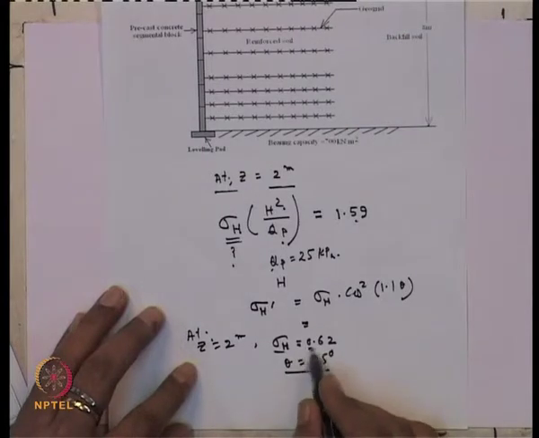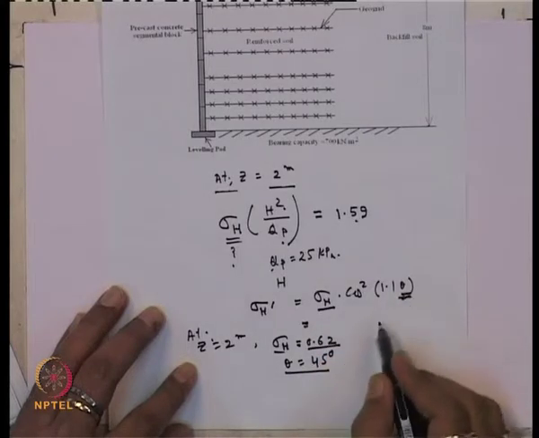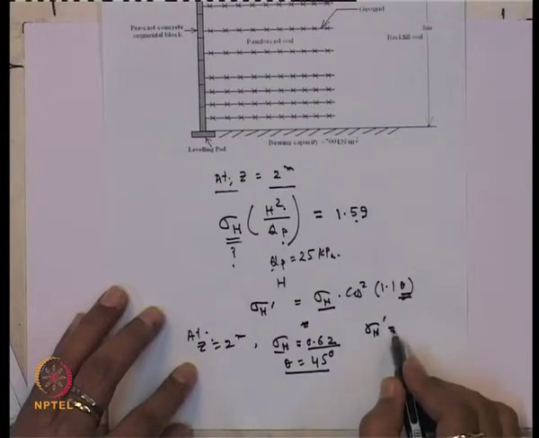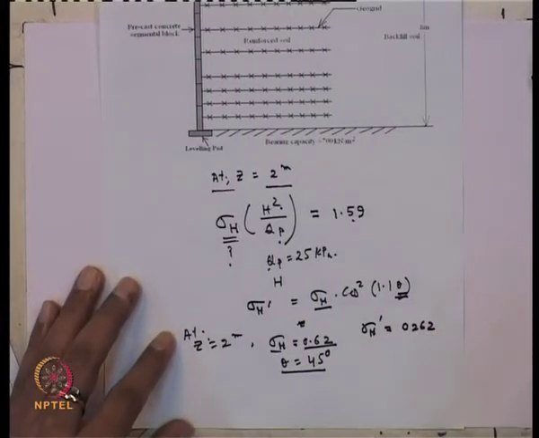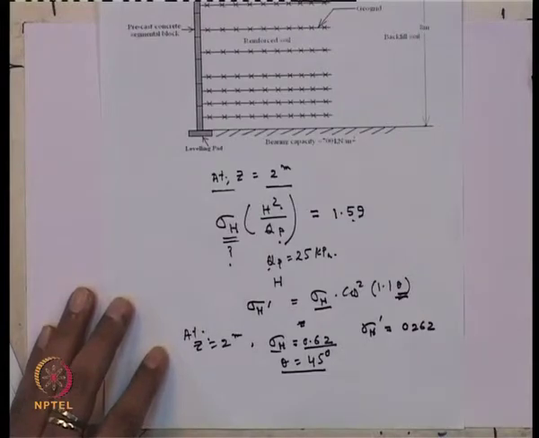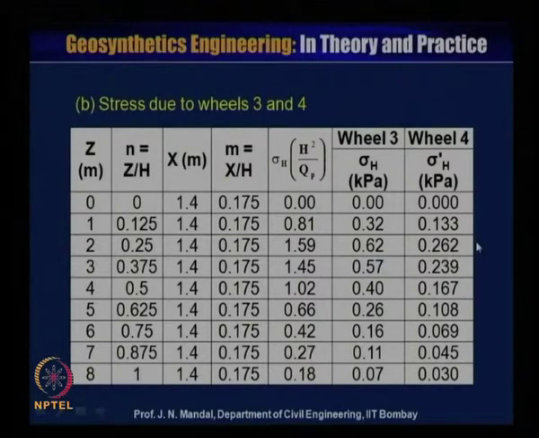So you substitute the values of sigma h and theta here, and then you can calculate sigma h dash, which at a depth of 2 meter is about 0.262. Similarly, you can calculate for the depths 3 meter, 4 meter, 5 meter, 6 meter, 7 meter and 8 meter. So this way you can calculate the stress for wheel 3 and 4.